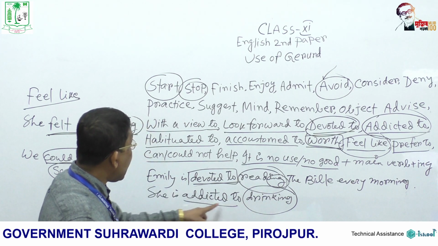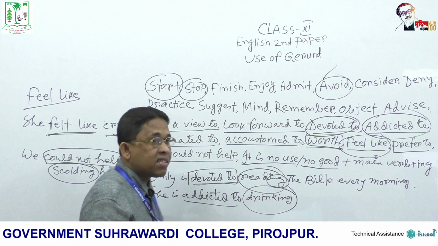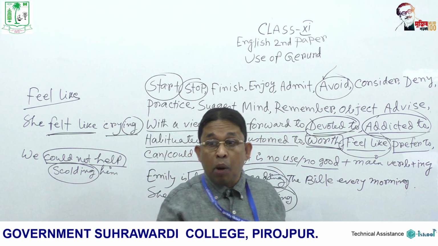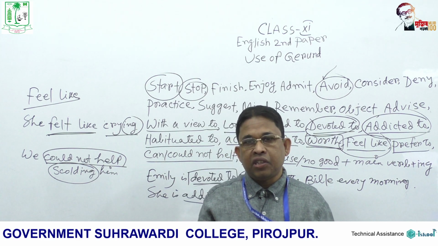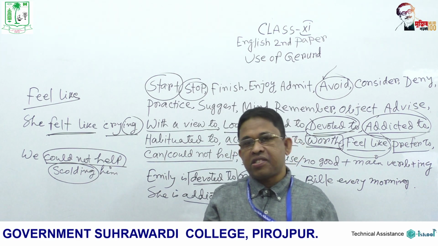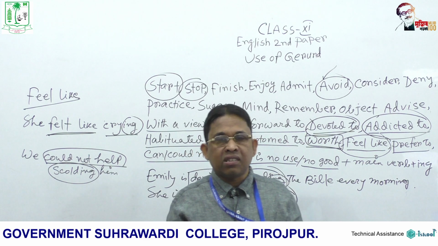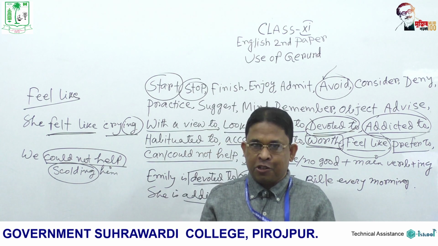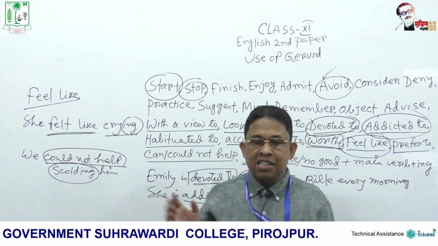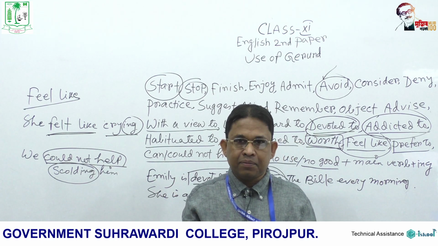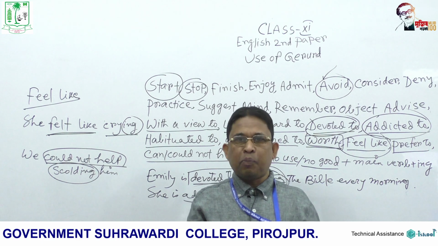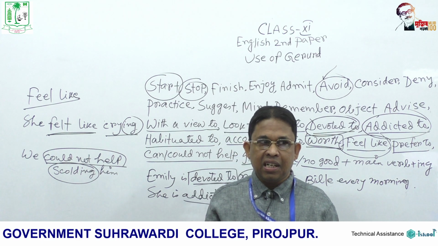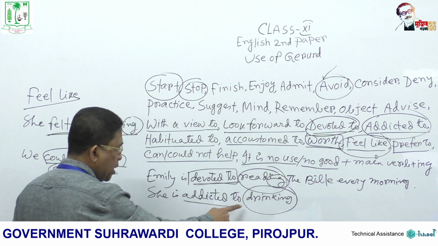So, addicted to means obsessed or absorbed in something bad. That is physically or psychologically dependent on something which the addicted person can't avoid. This is very bad. So, being engaged in a bad thing, obsessed in a bad thing, absorbed in something bad is called addicted to. And after addicted to, we have used gerund.